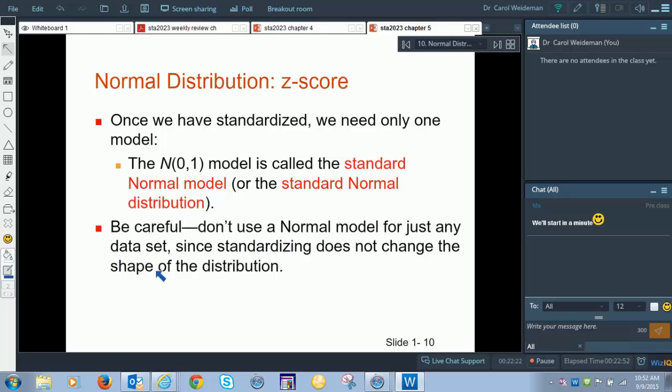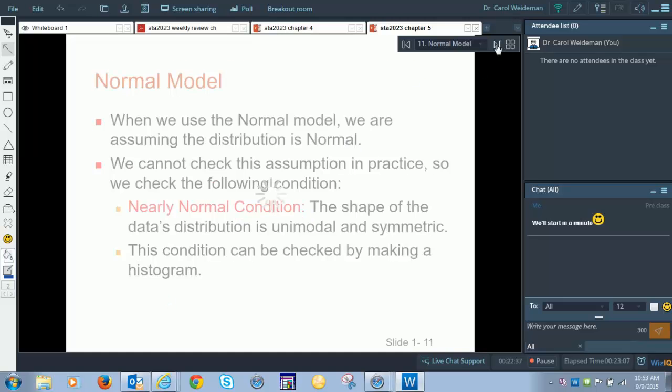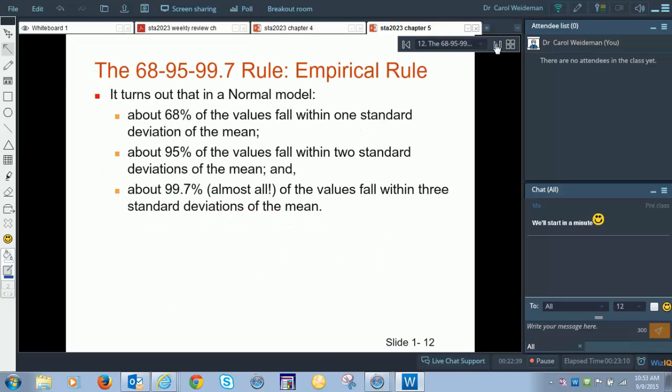In a minute, I'll show you when we learn about the empirical rule. And we want to be careful because just because we standardize doesn't change the shape of the distribution. So we're going to want to check that assumption of underlying normality. And here it is, the nearly normal condition. We can check it by a histogram or another data display called a probability plot. And I'll show you both of those in just a second.